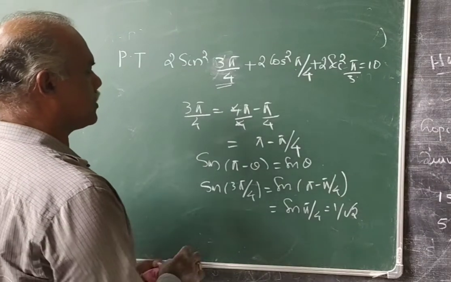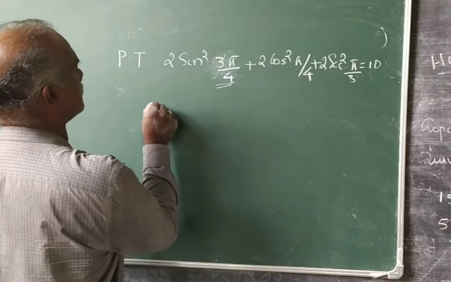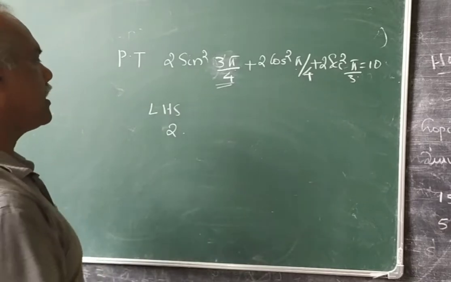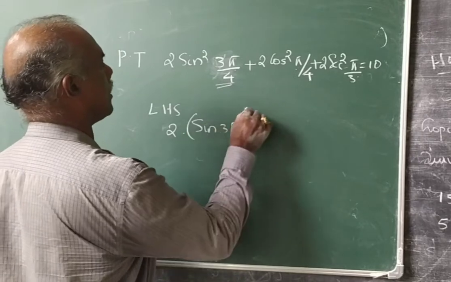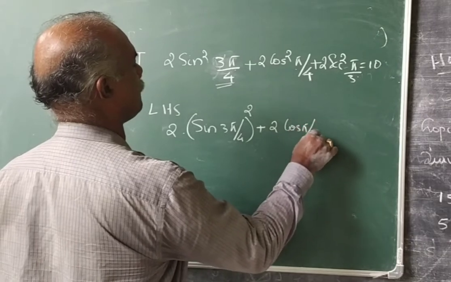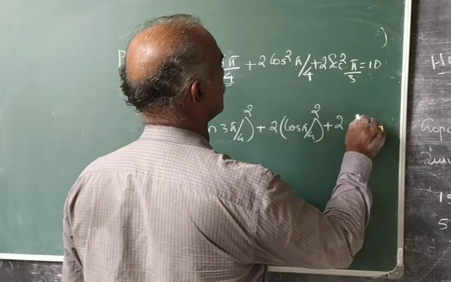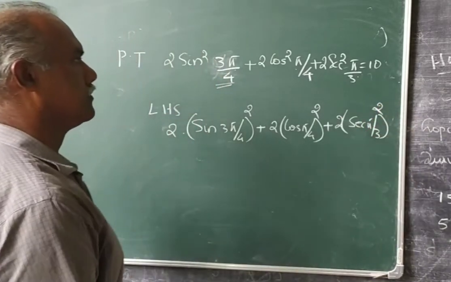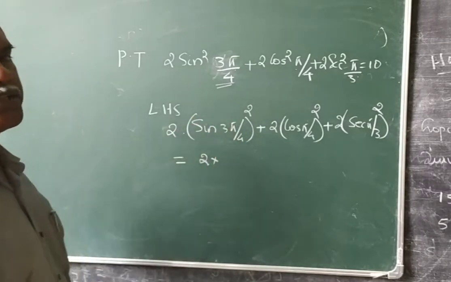Now let us go back to our question. And what is the question? LHS is 2 into sine 3 pi by 4 the whole square plus 2 into cos pi by 4 the whole square plus 2 into sec pi by 3 the whole square, and this is equal to 2 into, we got this as 1 by root 2.